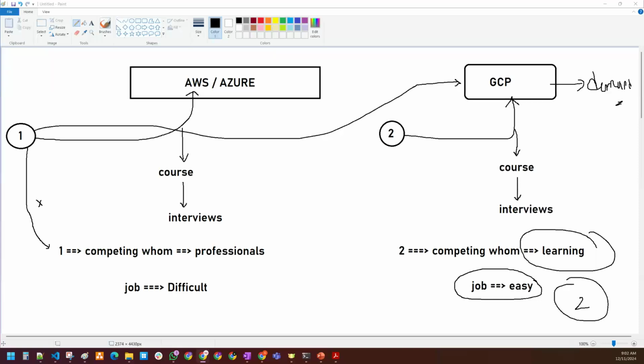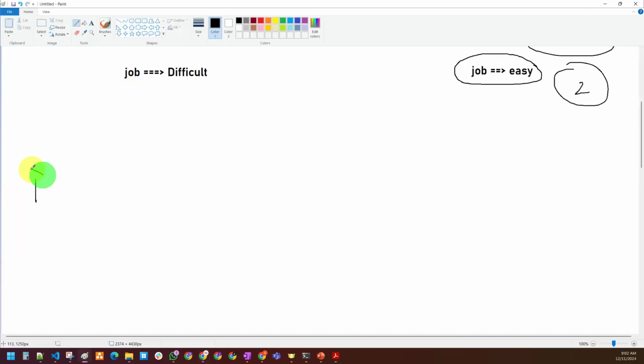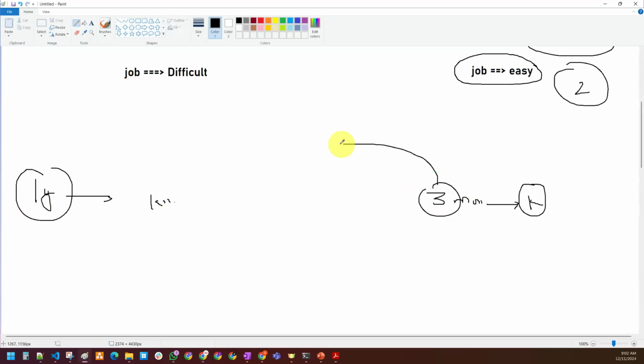1 year of experience means very little experience or knowledge compared to you. If I check a person with 1 year of real-time GCP data engineer knowledge against the person who completes my course within 3 months, who is more knowledgeable? If you ask me, my course guy is more knowledgeable than this guy.